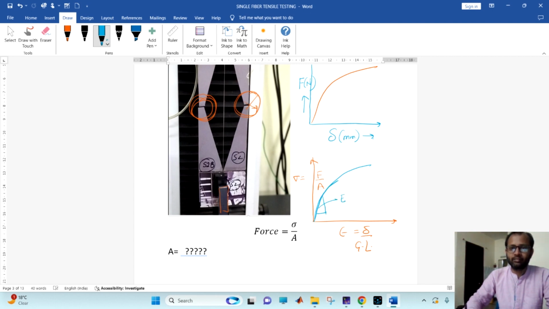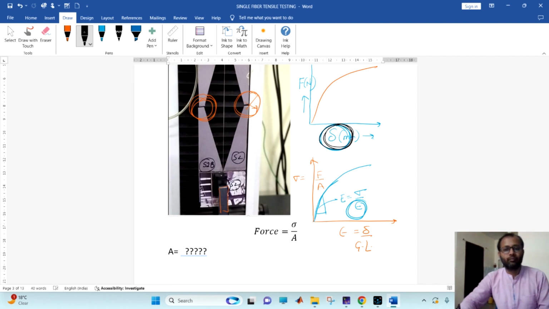If you see the modulus in the linear region, that is stress by strain. Now the question again arises whether this strain is correct or not, whether this displacement is correct or not. I asked the same question when we did the tensile testing also. This displacement is not correct because it is measured by the crosshead movement.